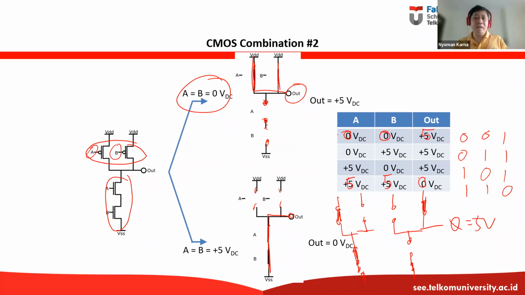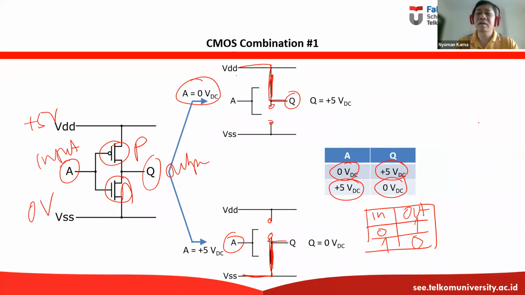Okay. Any questions so far about the transistor? Now, this is the function of input and the output. If I give 0 for the input, the output will become 1. If I give 1 as the input, the output will become 0. Then it's like inverting the input.